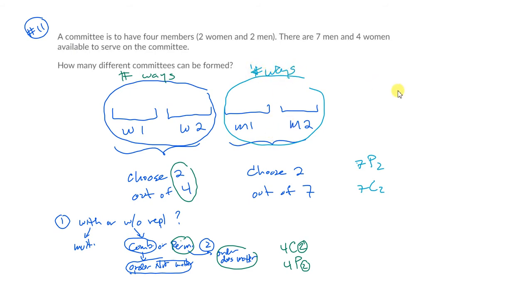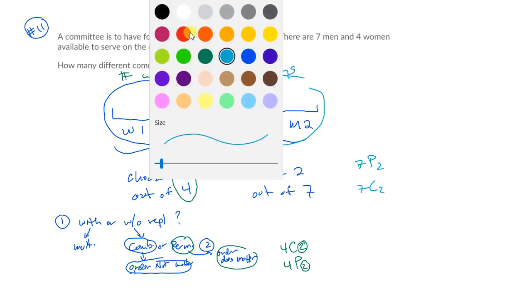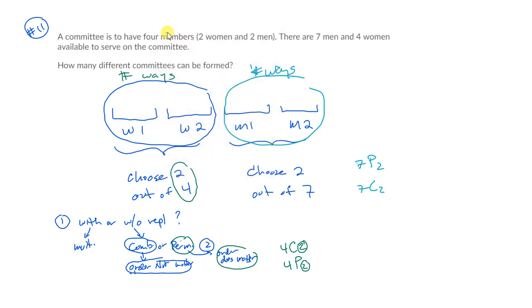So think of your choice process like this. Here's your choice number 1, for the women, then you have your choice 2 for the men. The women would be chosen using either 4C2 or 4P2, because the 2 tells you that 2 are being chosen.